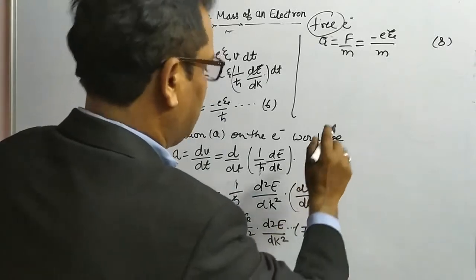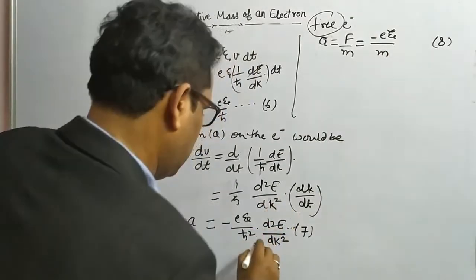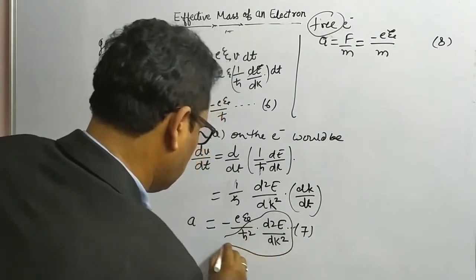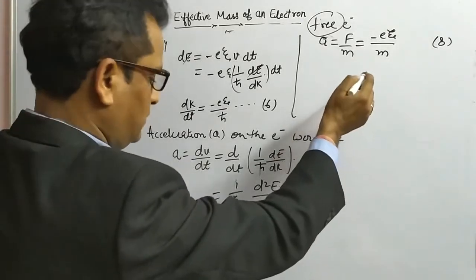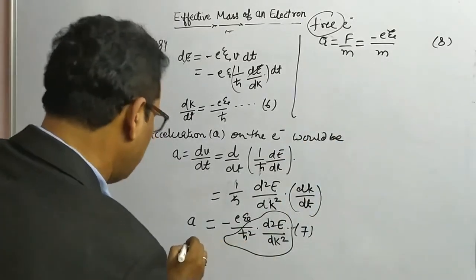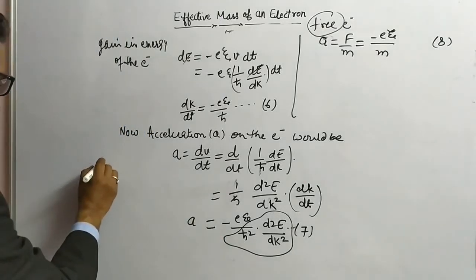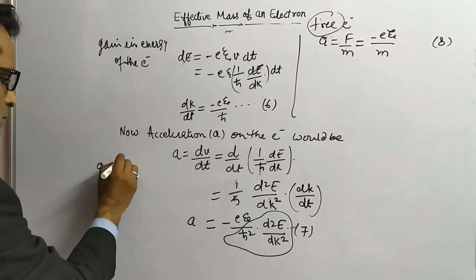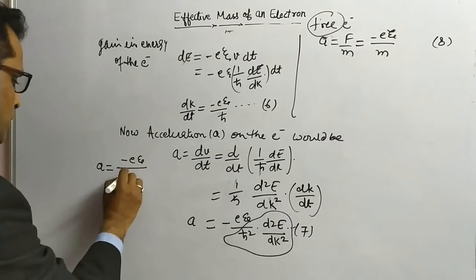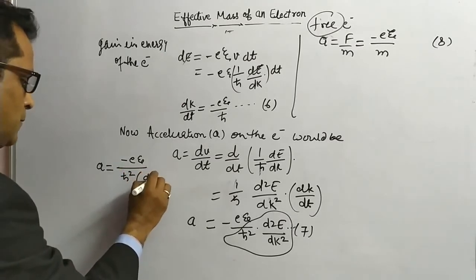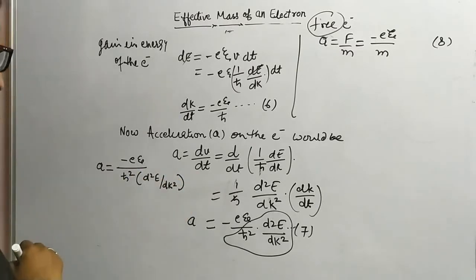If I compare them, this thing can be substituted for 1 by m star, because it can be written as minus e Chi upon h cross square, like this.